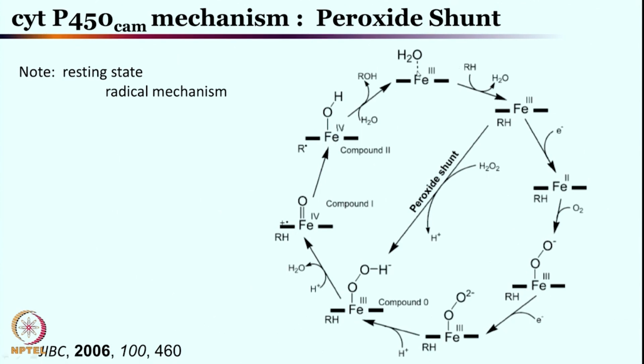So, the peroxidase chemistry essentially involves the formation of this iron 3 hydroperoxide species starting from the iron 3 aqua complex. Directly from there it forms this intermediate, and from there on it can give rise to the water molecule, right.